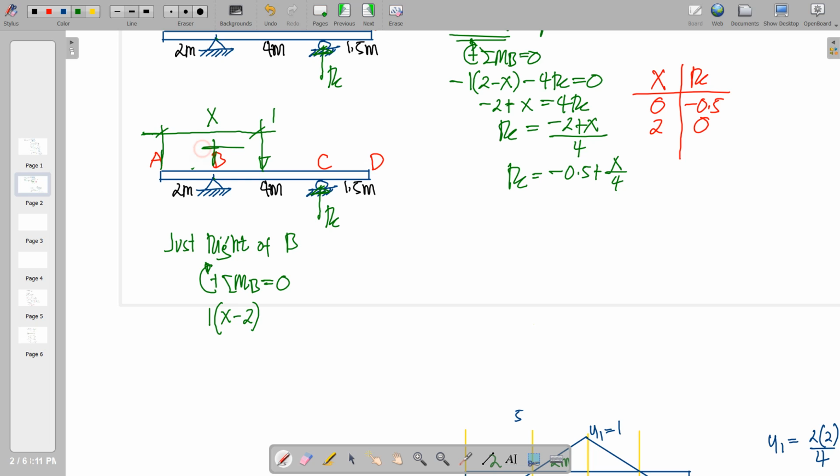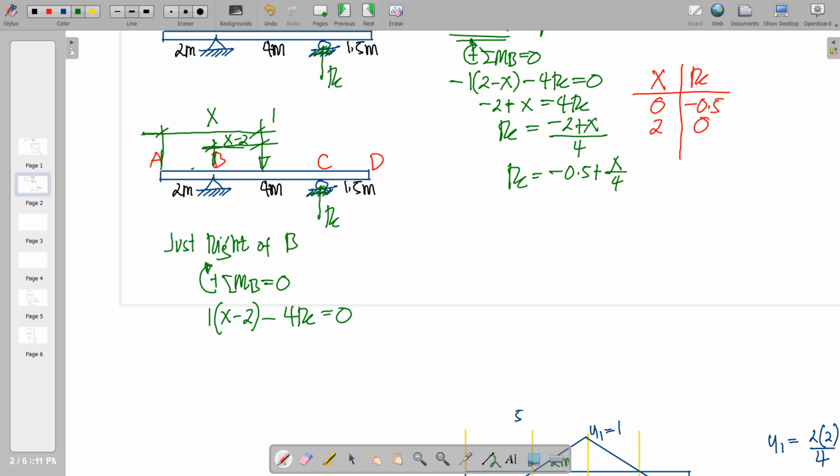So we have x minus 2. And then RC will have a counterclockwise moment, just the same, minus 4 RC is equal to 0.